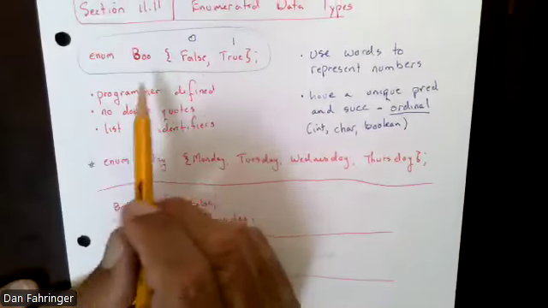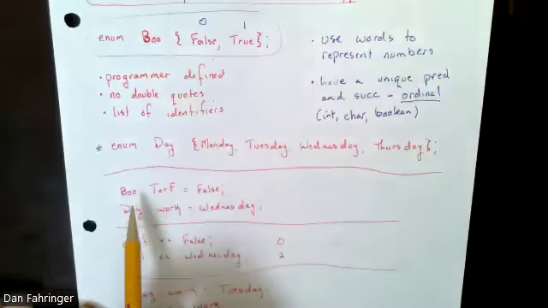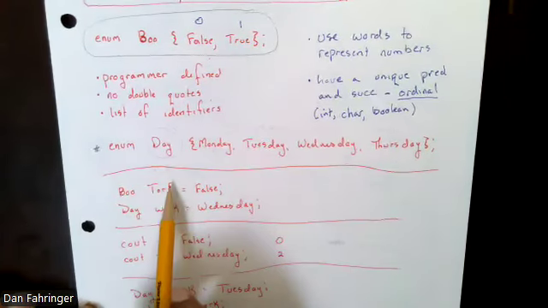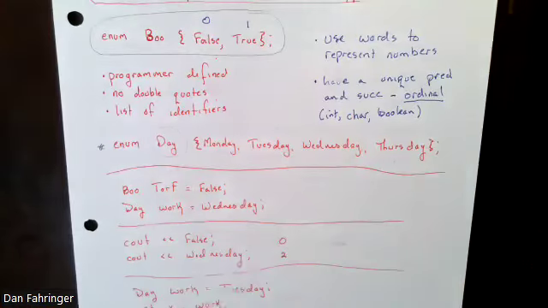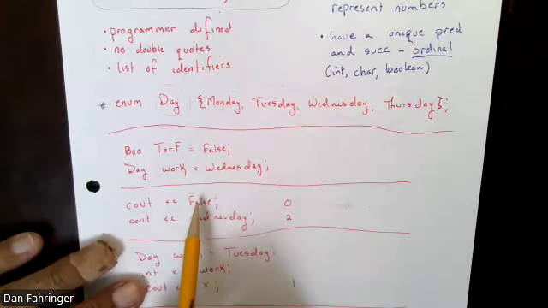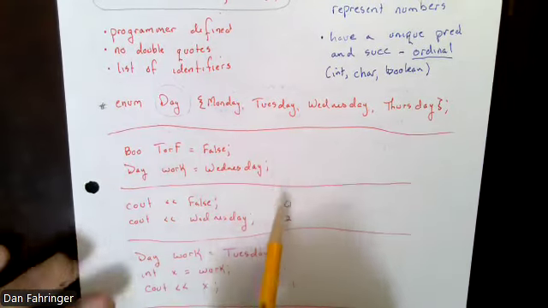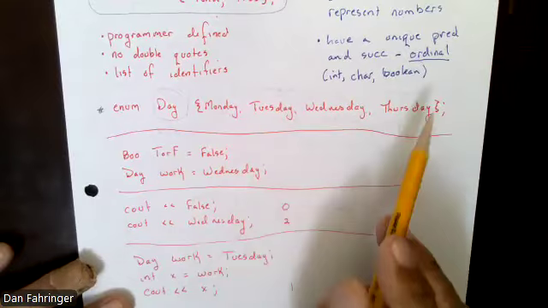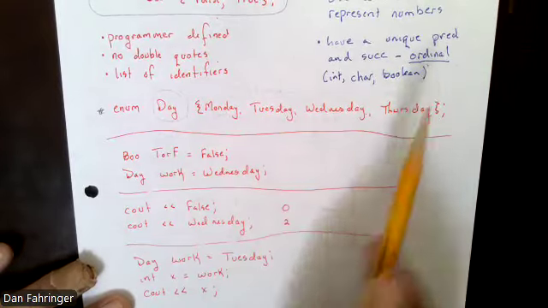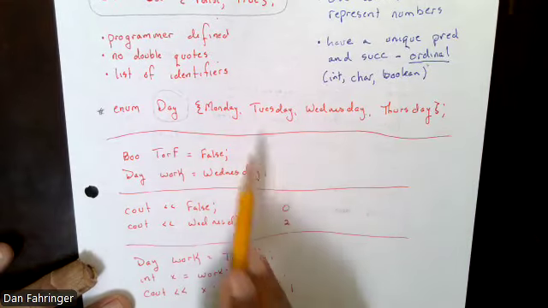Okay, up here I declared something called boo. Boo, I can pick a variable name and it's going to get the value of false or true. Now, cout false, it's not going to do anything with false. It's going to give me what we call its ordinal value. False has an ordinal value of 0.